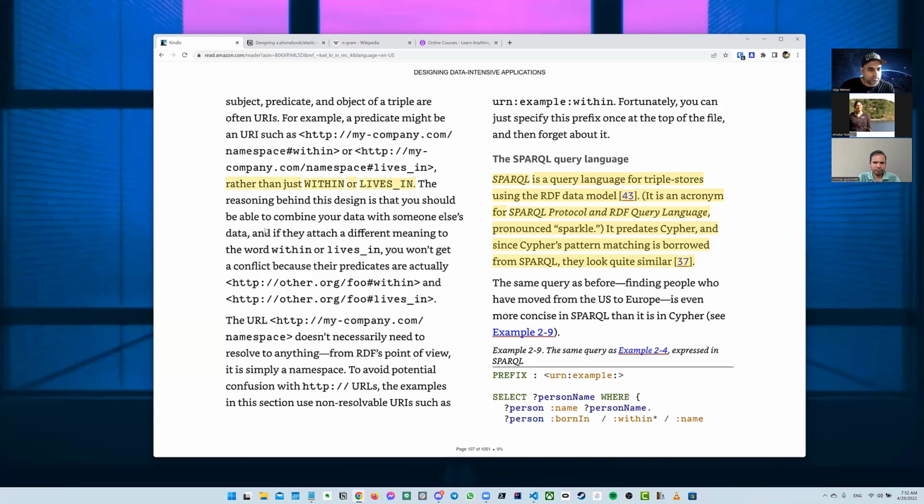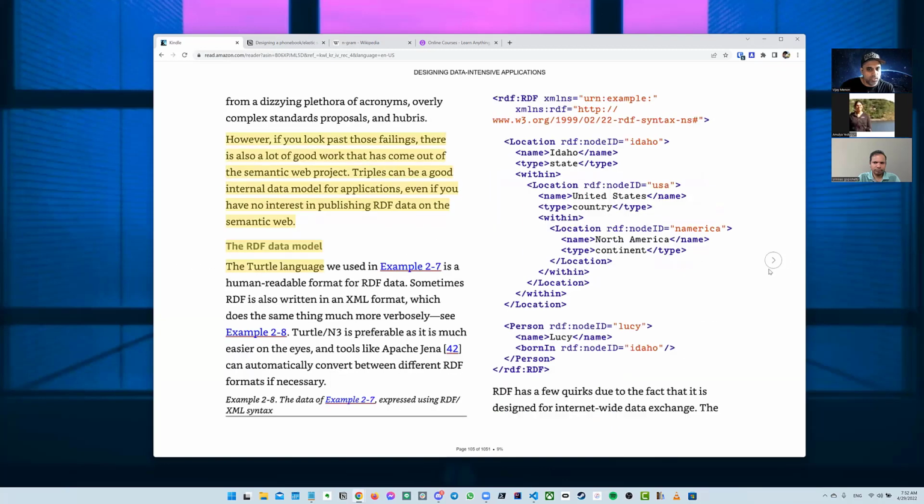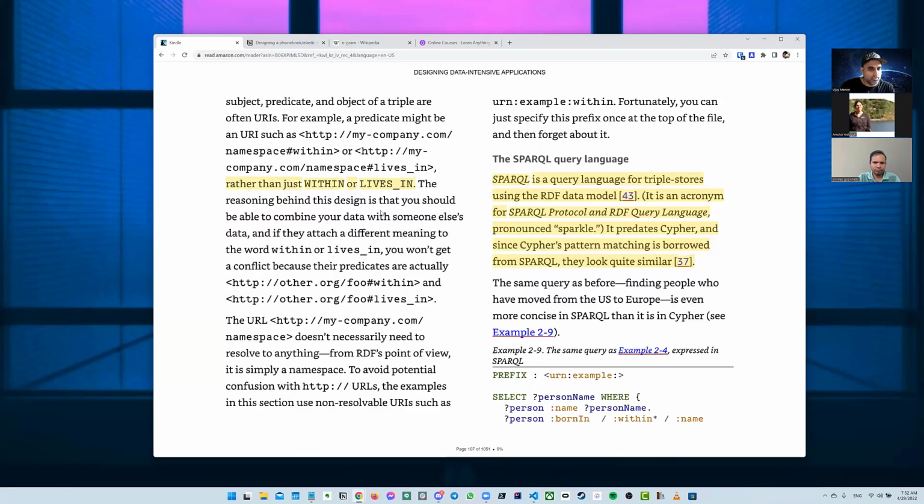In terms of using XML, when you design the data with the RDF model, you may have conflicts with edges, so you have to go with deeper namespacing. So one org versus another org, within or lives in. So sometimes this data can get a little bit complicated.